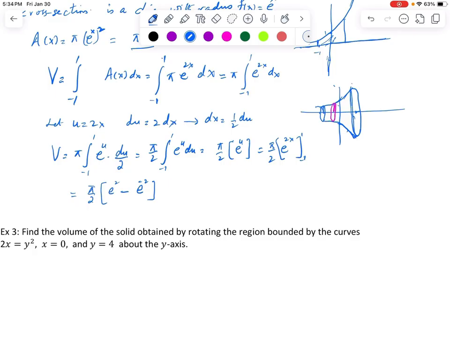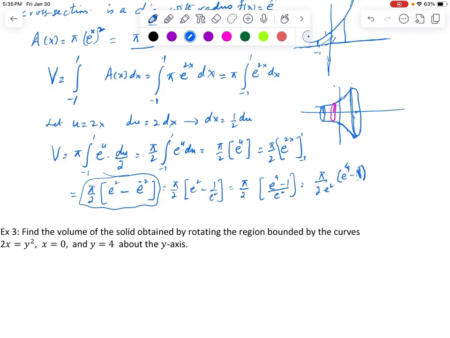You could also write it like this if you want, but you don't need to. I think this is a nice formula, I will leave it here.